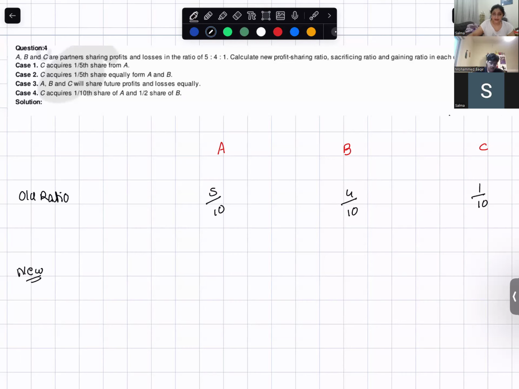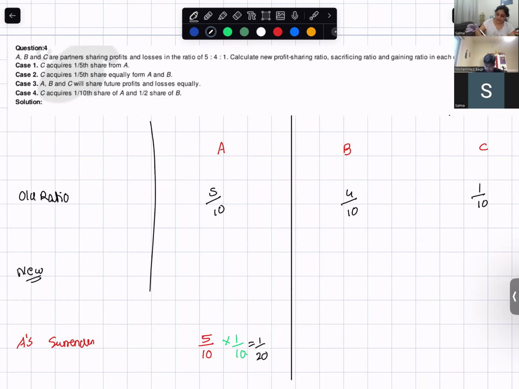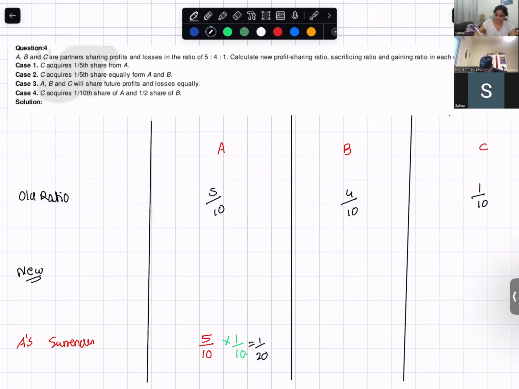So C is acquiring 1/10 share of A. That means A is surrendering how much? His 1/10 share, that means he is surrendering 1/20. So when I am talking about C, C's new ratio will be how much?